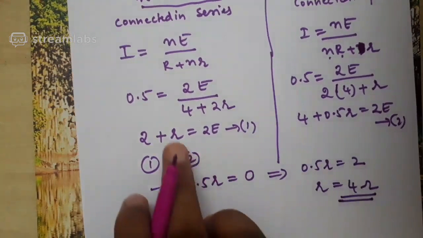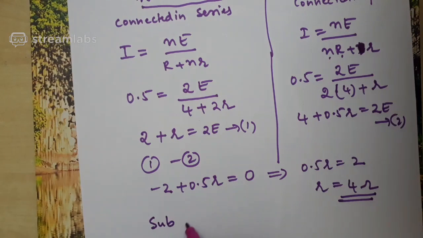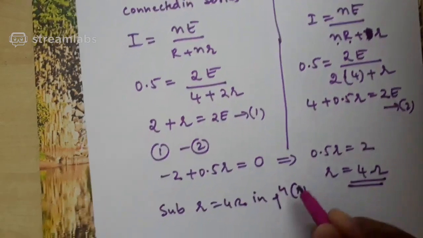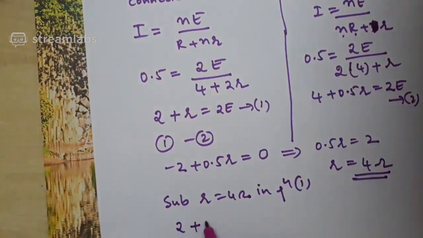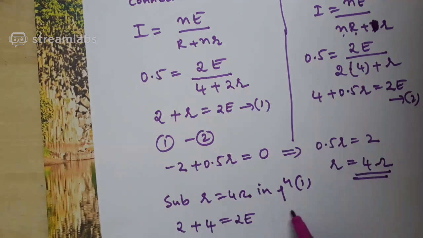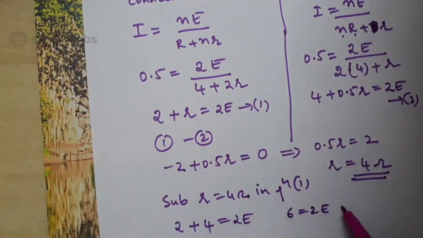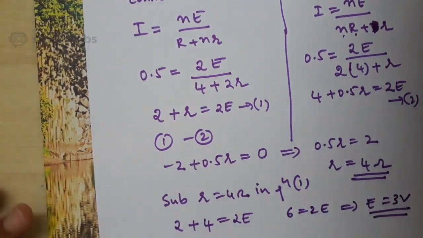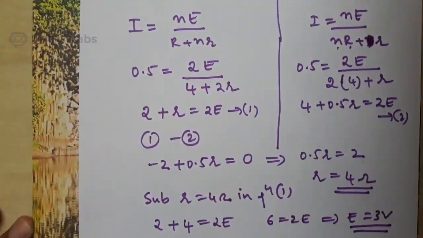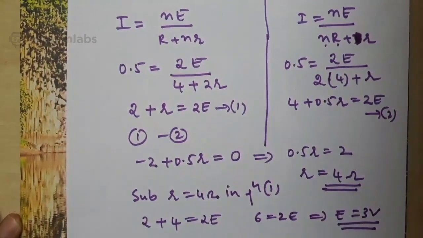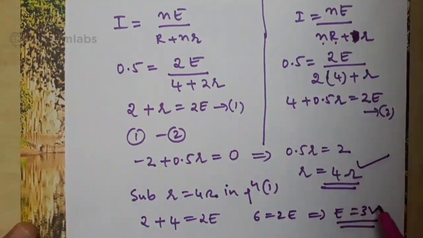Substitute r is equal to 4 ohm in equation 1. 2 plus 4 is equal to 2E, or 6 is equal to 2E, which implies E is equal to how much? 3 volt. Copy this. If it is not completed, copy it as it is. So r is 4 ohm, E is 3 volt.